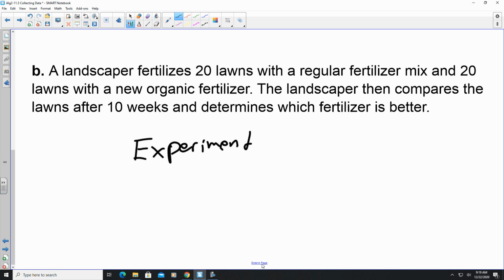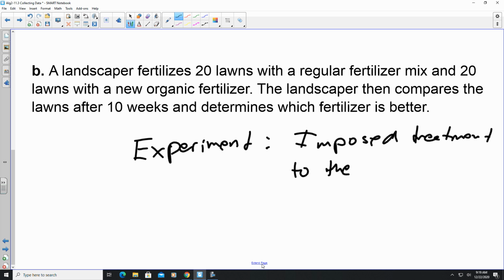The reason why is that the landscaper applied a treatment, just the regular fertilizer mix and then the organic. So there was an imposed treatment in order to collect the data, because after 10 weeks, they determined which one was better.